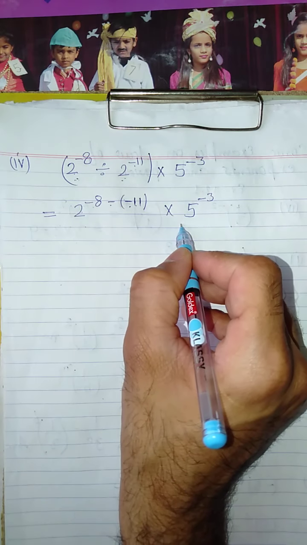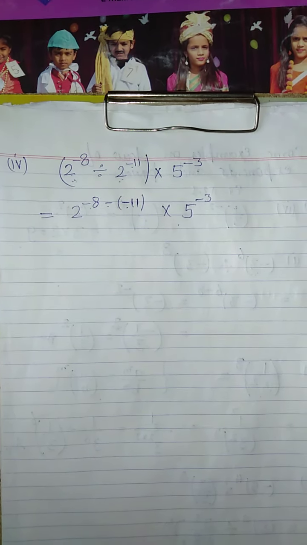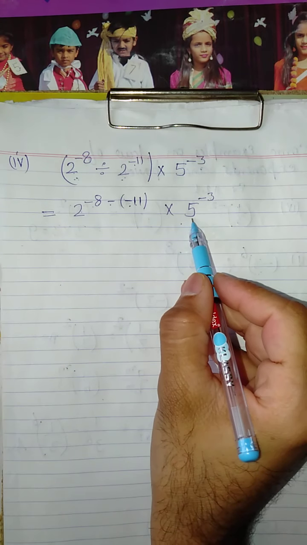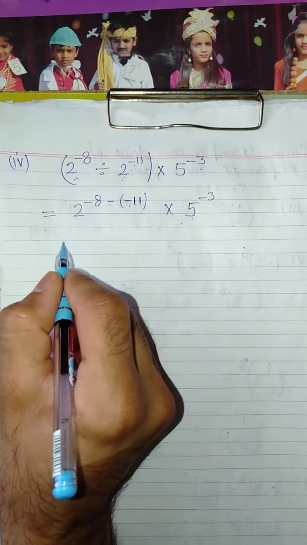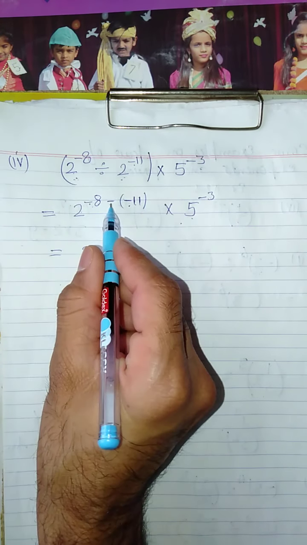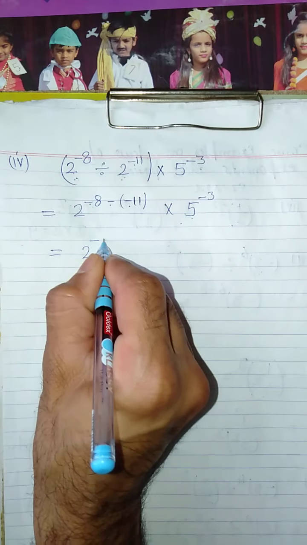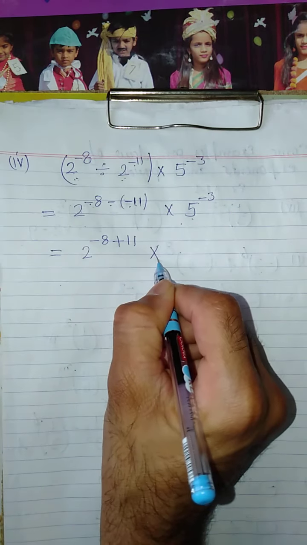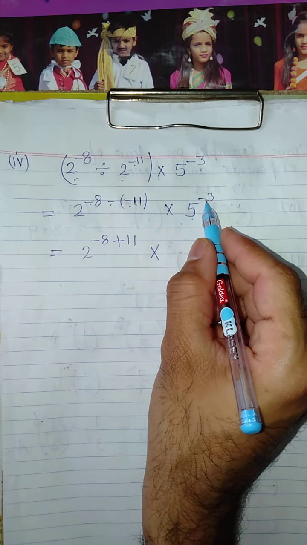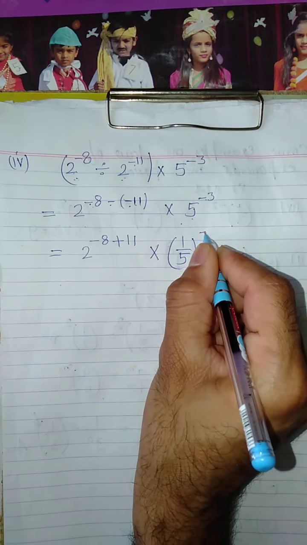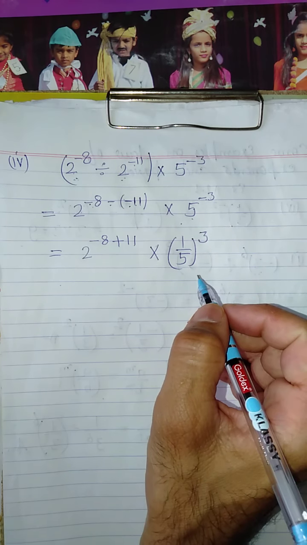And here you can see we can change this one in reciprocal, we can take of this one. So how to do? 2 power minus 8, this minus minus plus, so minus 8 plus 11 multiply 5 power minus 3. Can we take reciprocal? 1 upon 5 power plus 3, right?